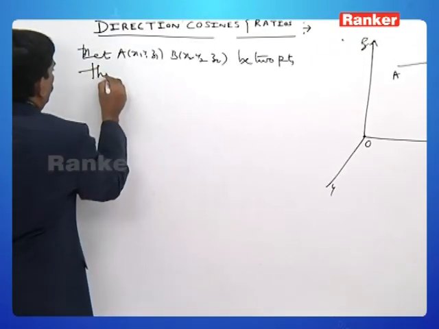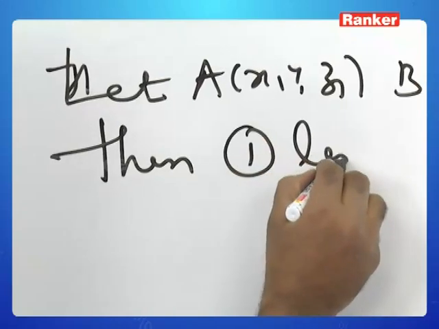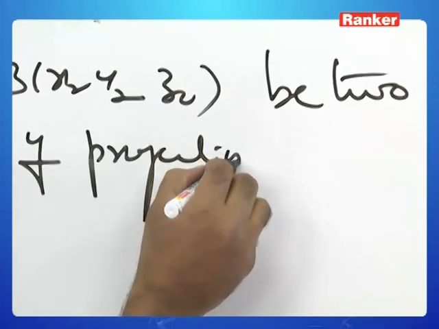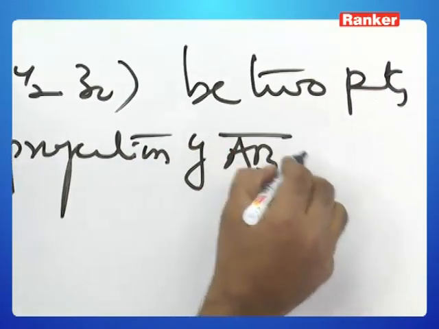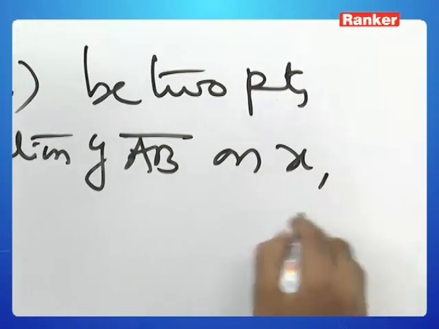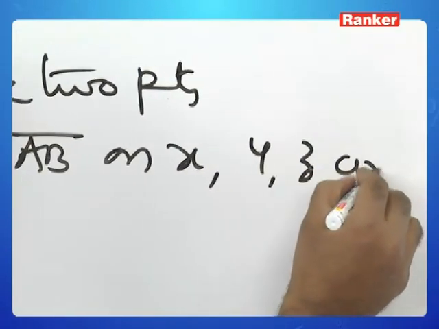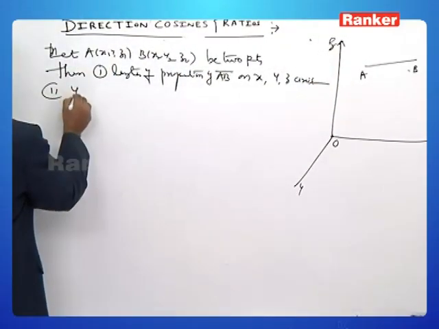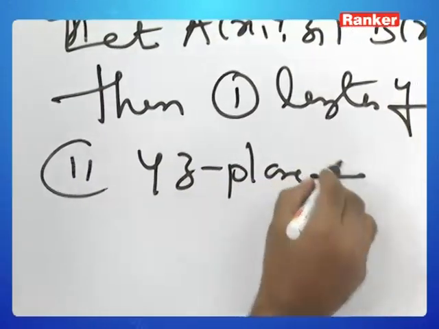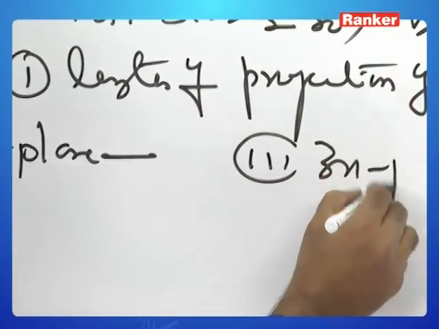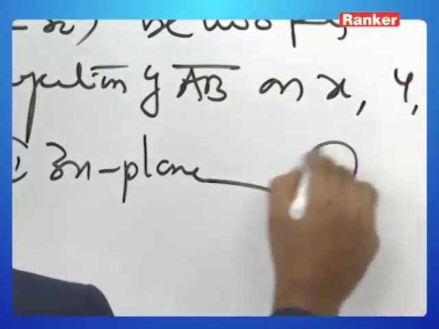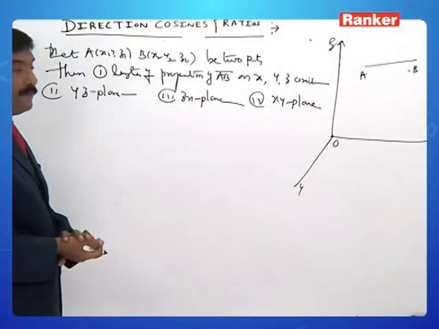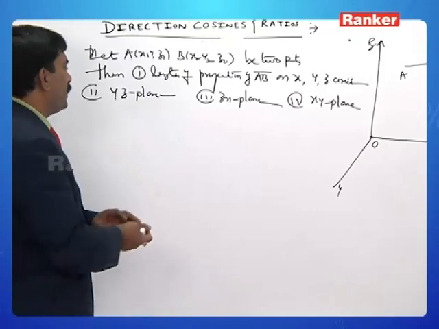Then the first one is the length of the projection of AB on the x-axis, y-axis, z-axis: dash. Second, on the yz plane: dash. Third, the zx plane: dash. Fourth, the xy plane: dash.